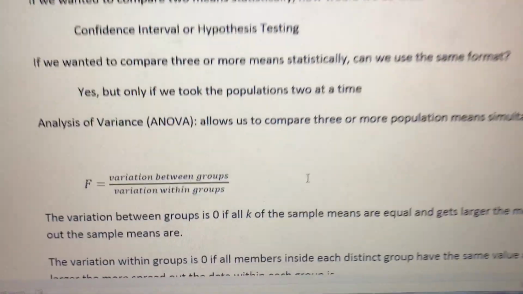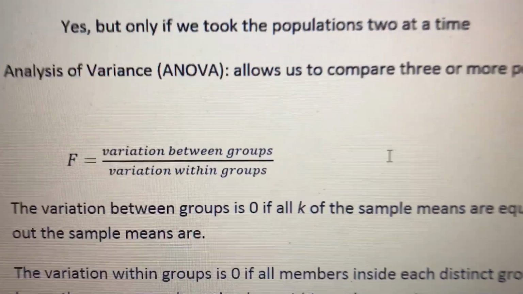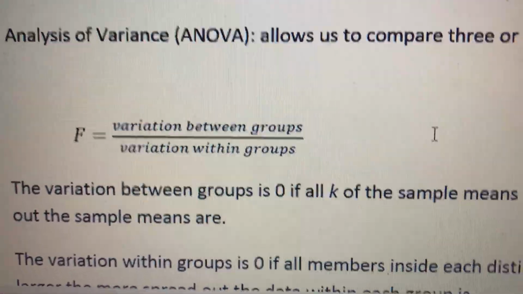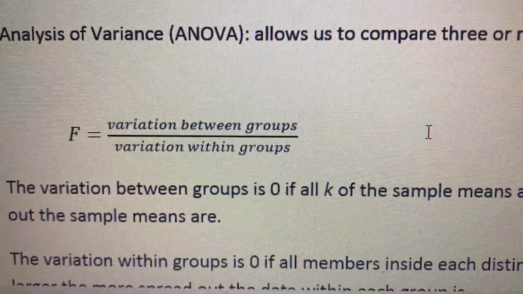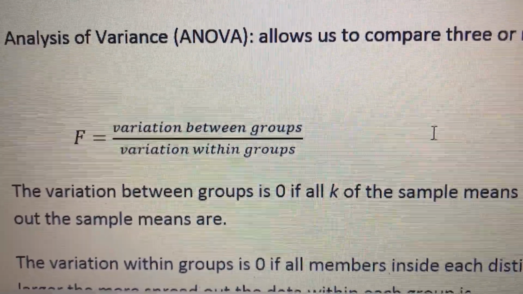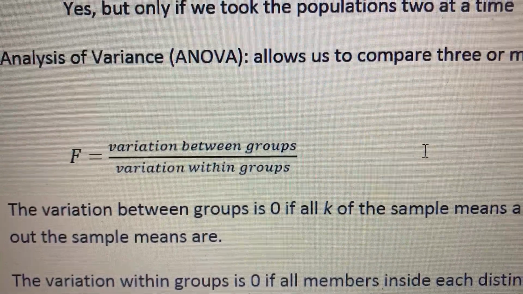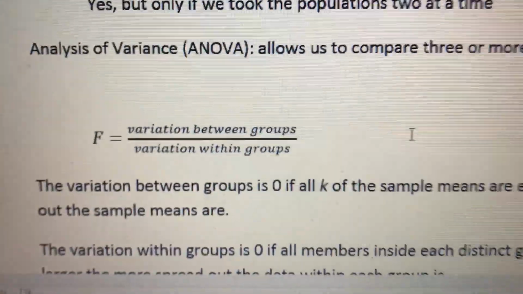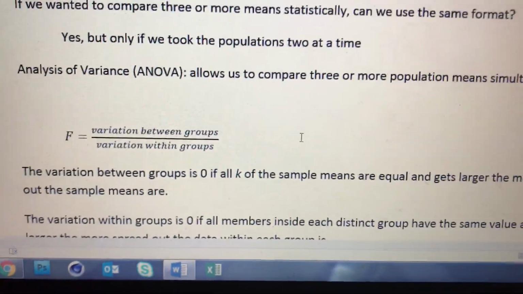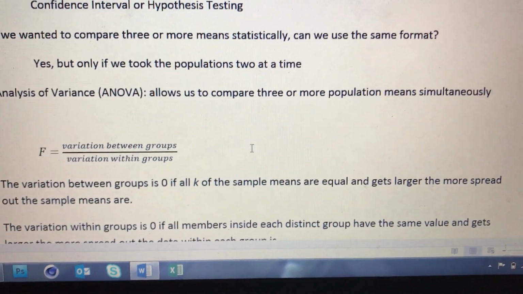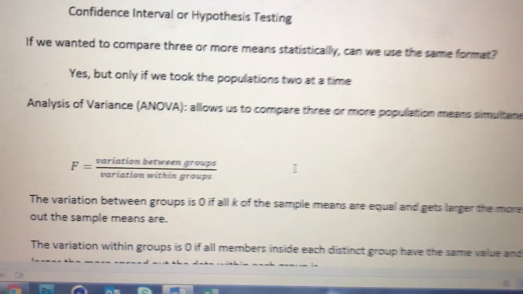In a little bit, we'll talk about the nitty-gritty details about it, but for now, what you need to know, our F statistic, our test statistic that we are calculating in our ANOVA, is basically a division problem. It takes the variation between the groups and divides it by the variation within the groups. The variation between groups is 0 if all k of the sample means are equal, and gets larger the more spread out the sample means are.